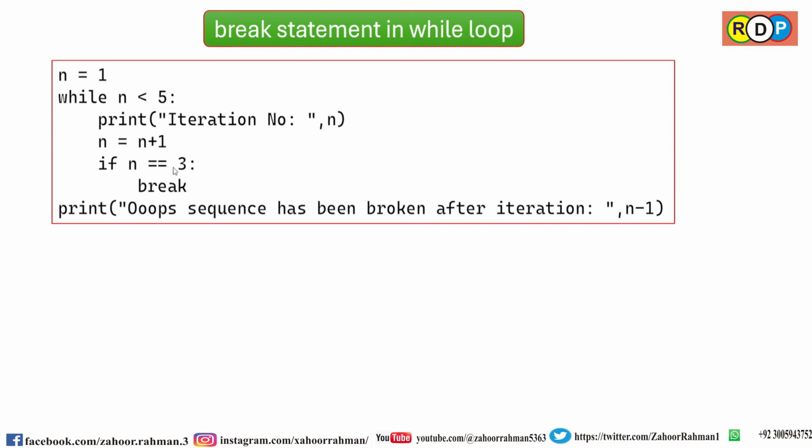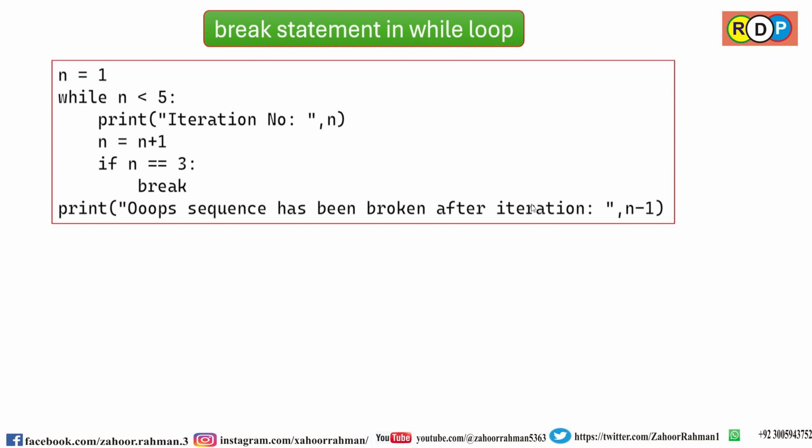So n is equal to 3 and the condition is true, and it will break, and it will come to this particular command, and it will say oops, sequence has been broken after iteration n minus 1, because here n is equal to n plus 1, and that is equal to 3.